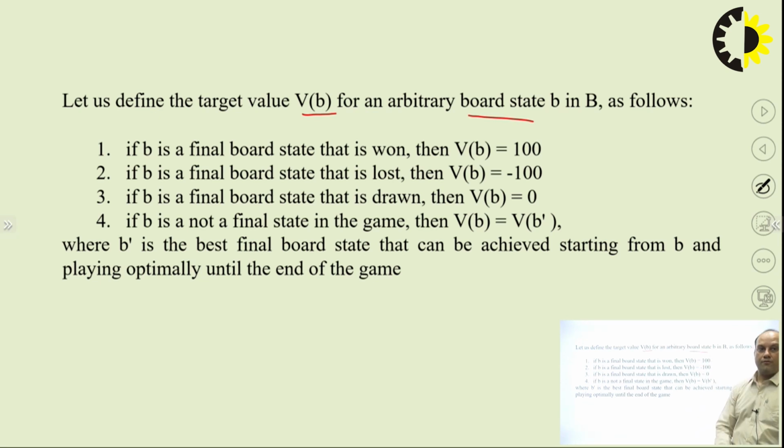For example, if b is a final board state for winning, V(b) = 100. If the board state is a loss, V(b) = -100. If the game is drawn, V(b) = 0. If it is an unpredictable state where we do not come to the final state and the game halts, then V(b) = V(b'), where b' is the final board state. So we have defined this target value V(b) for any arbitrary board state.